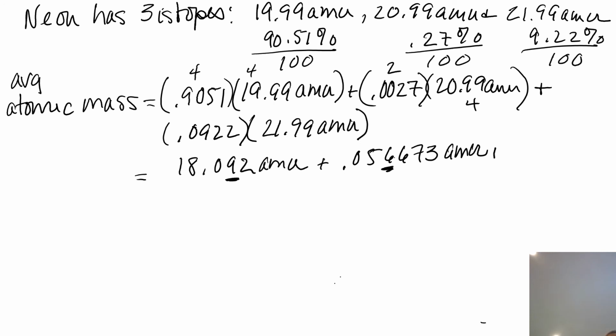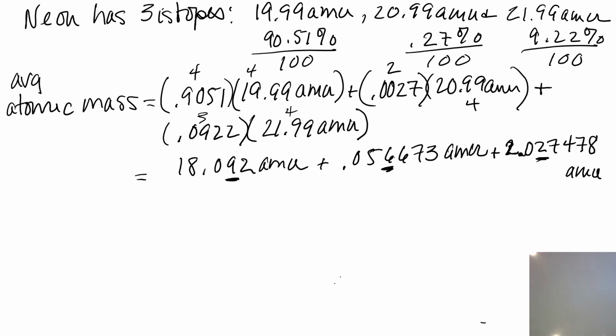And then the last product is 2.027478, and again, AMUs. I have 3 sig figs here and 4 here, so I'm limited to 3 in this product.